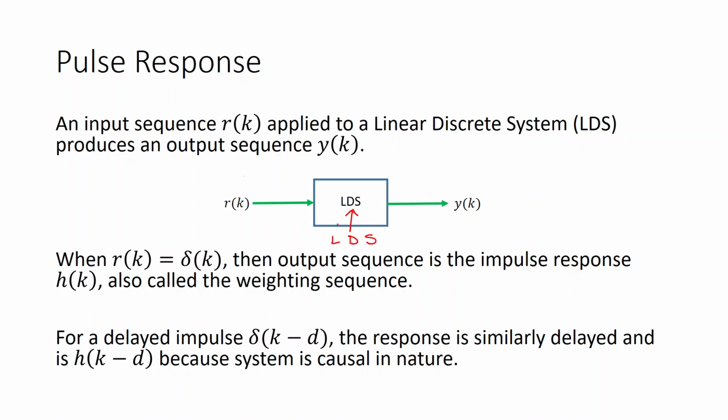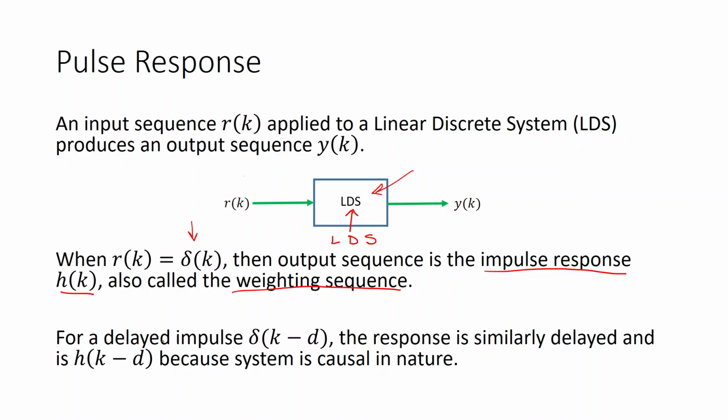It is a mathematical convenience that we are assuming the system like this, and we would like to understand what exactly is the representation of such a system. So when Rk is equal to delta k, which is the impulse, then the output sequence is the impulse response Hk. This is also called the weighting sequence.